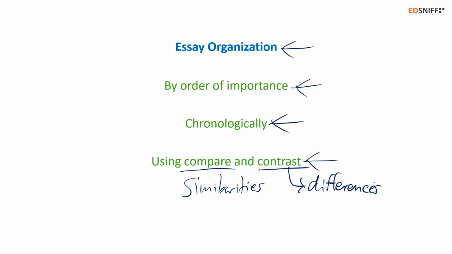Okay, so it depends on the essay, but you should use a separate paragraph for each similarity and each difference. And if you want to talk about both the similarity and the difference, then use a separate paragraph for the comparison and another paragraph for the contrast. Okay, so these are the three main ways you can organize your essay.